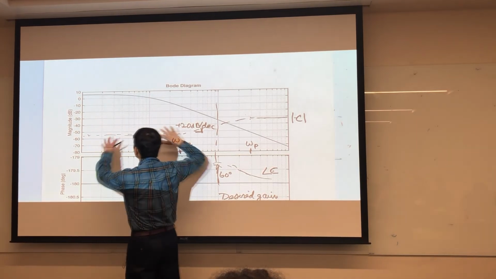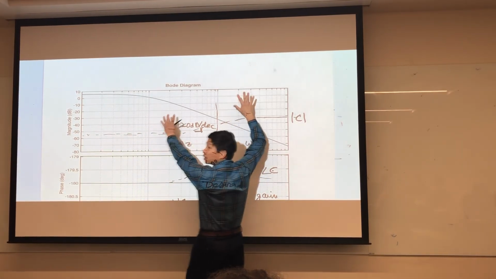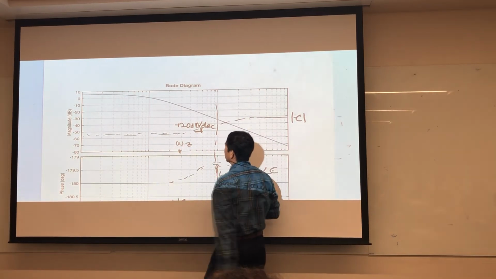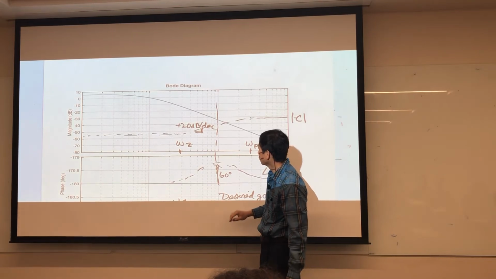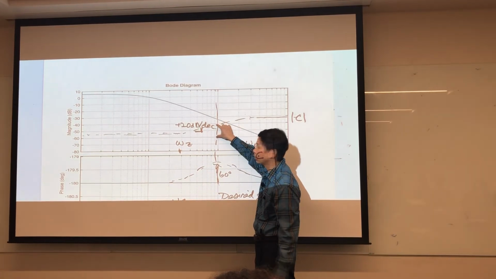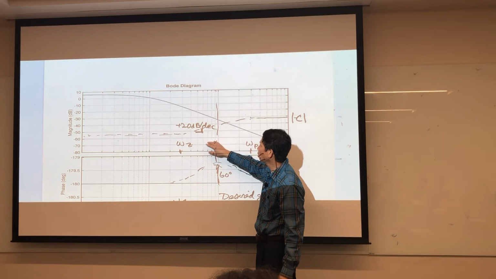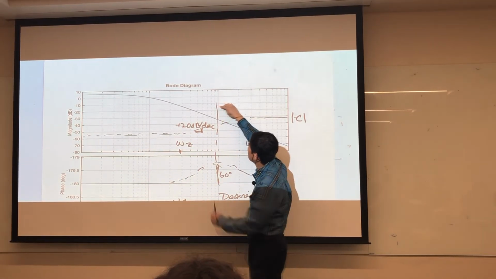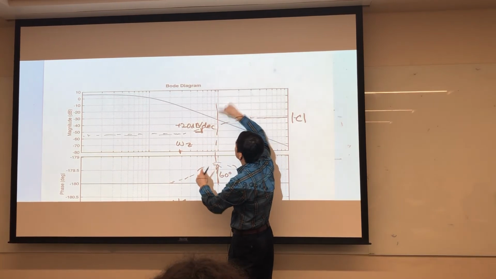So by adjusting k, this whole thing moves up and down. Okay? By adjusting k, the whole thing is going to move up and down. The zero and the pole give us a little bit of gain also. So we want the total gain of the compensator and this part to be this much gain.